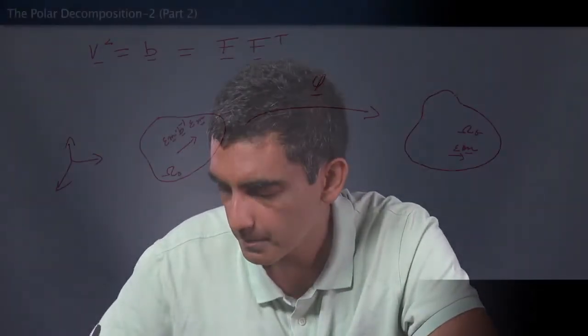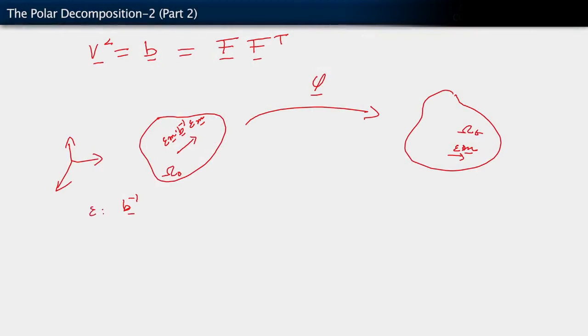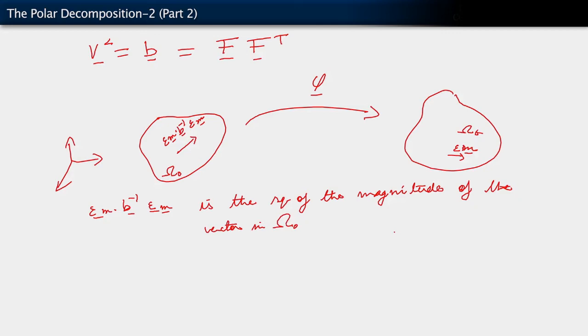So that's why rather than using B inverse to define a stretch tensor, we tend to use B itself. So epsilon m dot B inverse epsilon little m is the square of the magnitude of the vector in omega naught, in the reference configuration, whose magnitude when deformed to omega sub t is epsilon m whole square.